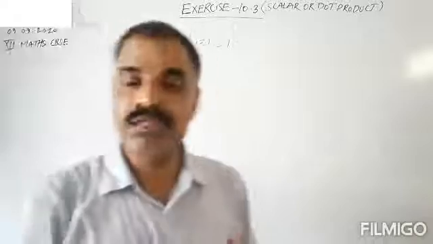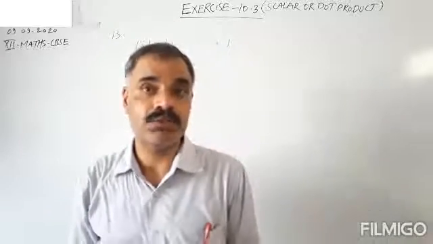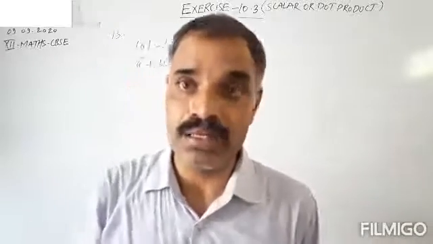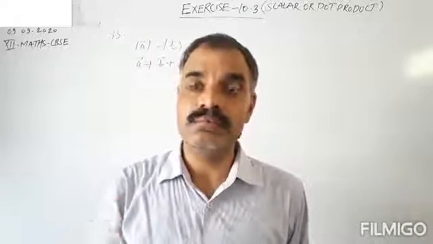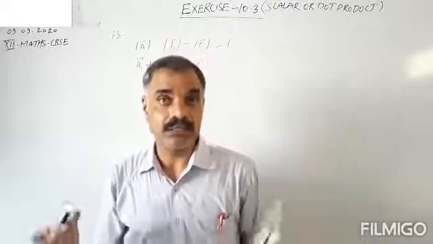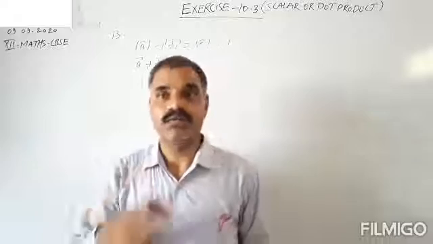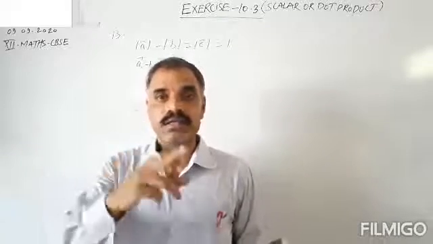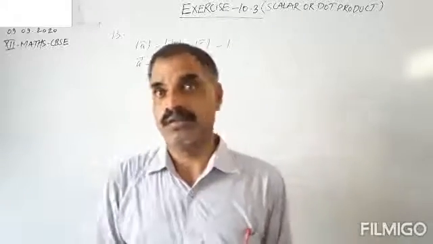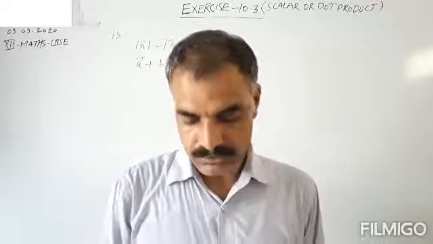When the sum of three vectors is equal to 0, it means A vector, B vector, C vector are representing the sides of a triangle in the same order: AB vector, BC vector, CA vector. So this is given.